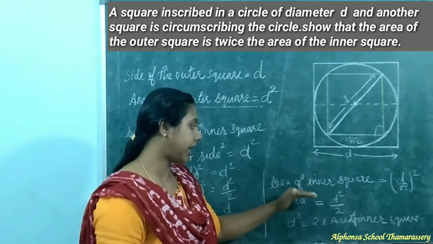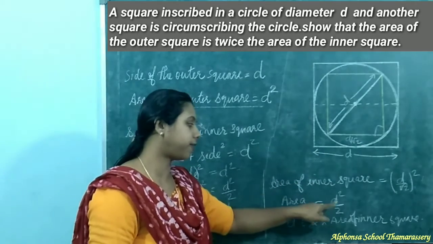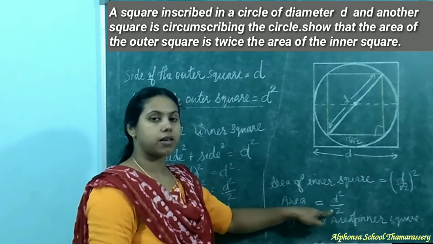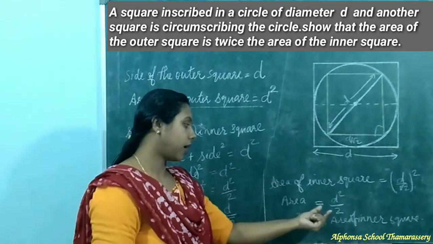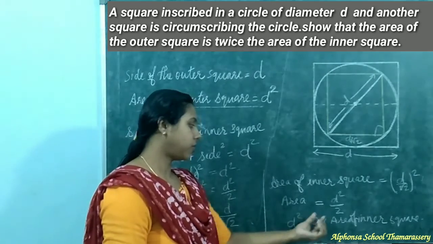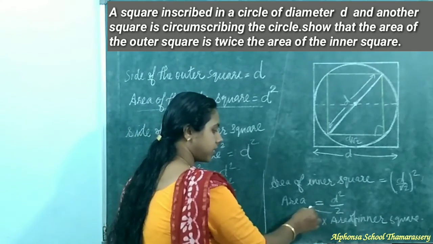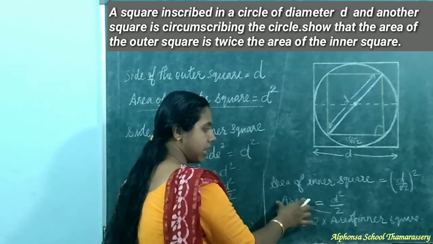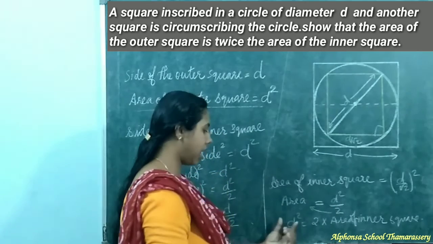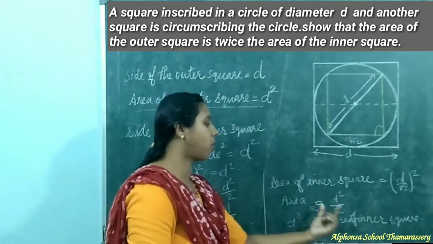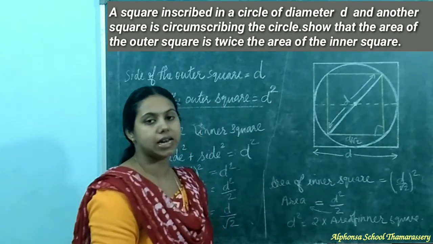So we got it, area of inner square is equal to half the area of the outer square. So d square, taking the 2 to this side, area of outer square is equal to twice the area of inner square.